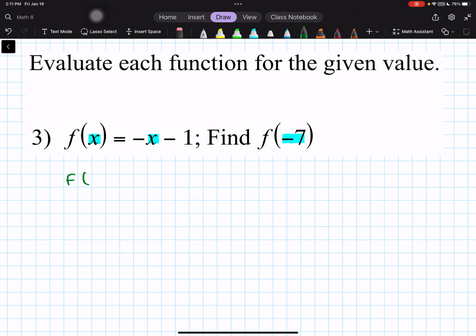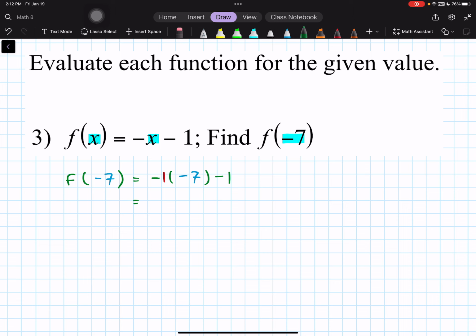So we have f of negative 7 is going to be equal to negative times, instead of x, negative 7 minus 1. Now, if you need to, you can go ahead and put a 1 in front of that parentheses because we're actually going to be multiplying a negative 1.